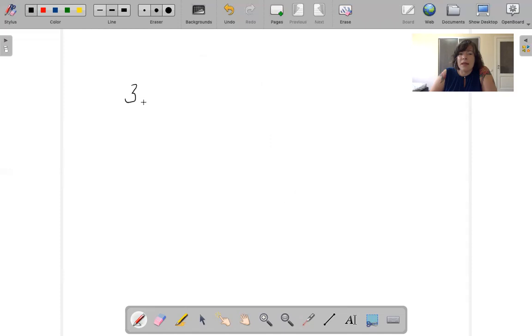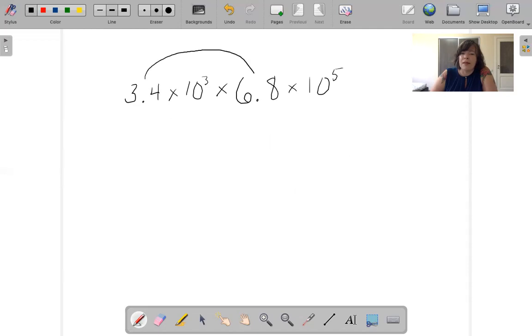Let's say 3.4 times 10 to the 3rd times 6.8 times 10 to the 5th. So I'm going to multiply these two, and I'm going to multiply these two.